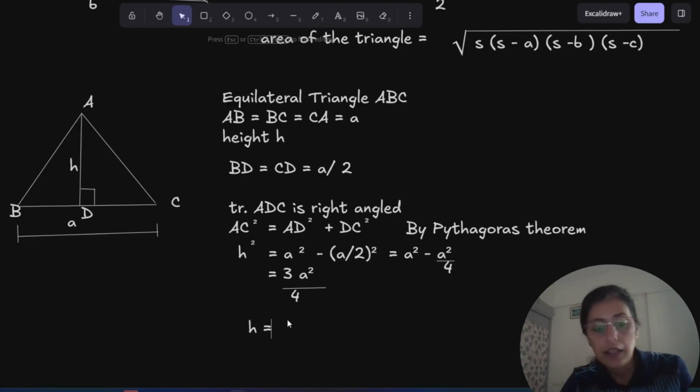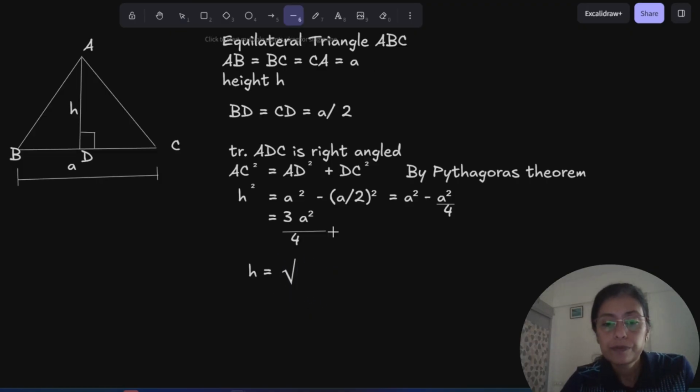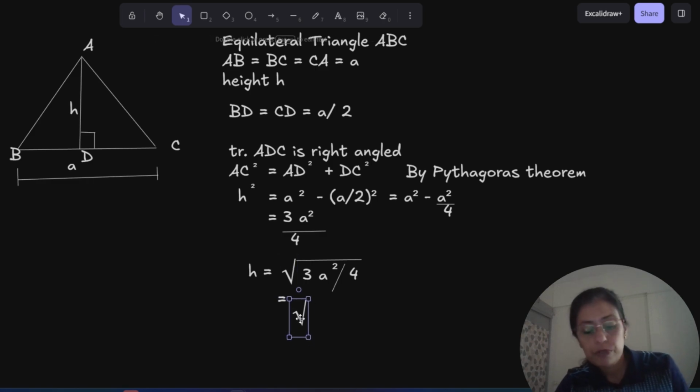So this means H is going to be under root of 3A square by 4, which means it is going to be equal to under root of 3.